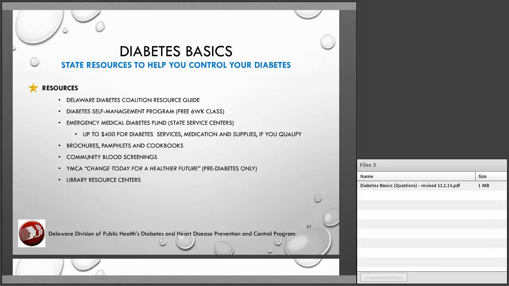We also have on hand brochures, pamphlets, and cookbooks for people that are seeking to better control their diabetes. Throughout the year, and with the help of the Delaware Medical Reserve Corps, we have community blood screenings.